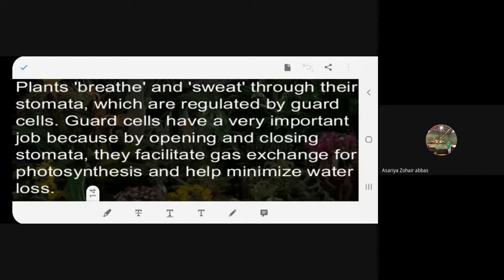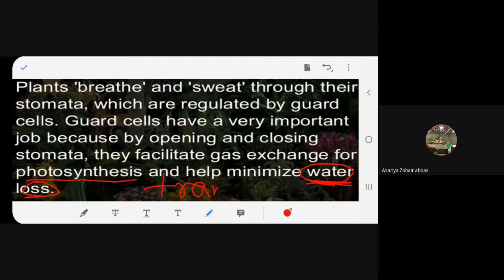They help in the exchange of gases during photosynthesis, and they also reduce water loss. This water loss is actually known as transpiration. What is it known as?